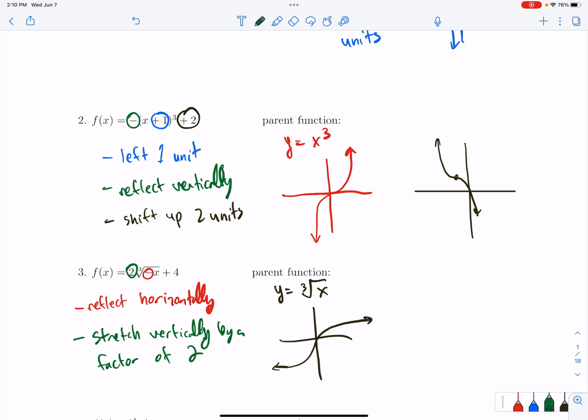So if I was just stretching this vertically, now that graph would be something steeper, something like that once it's stretched vertically. And again, that would be if I don't do any horizontal reflection. Okay, and then the last transformation is I have this plus 4. That's going to shift up 4 units.